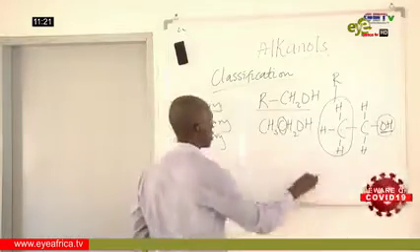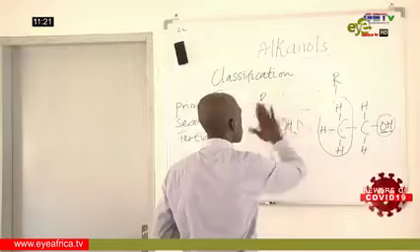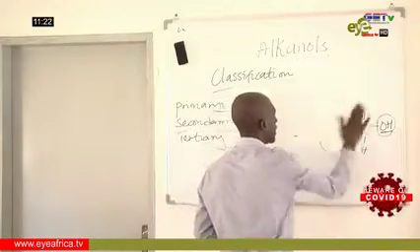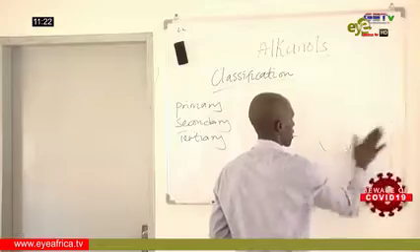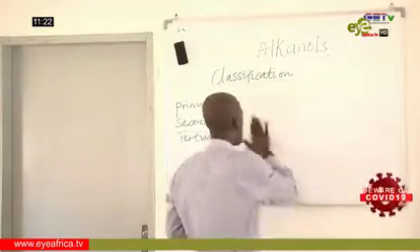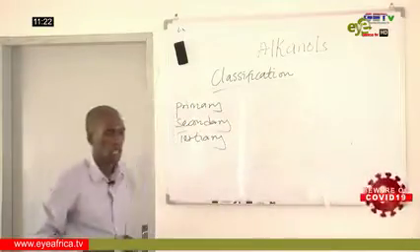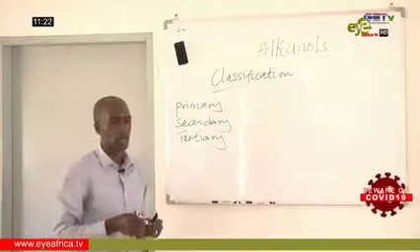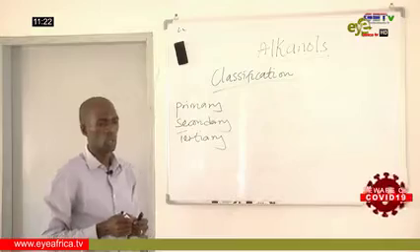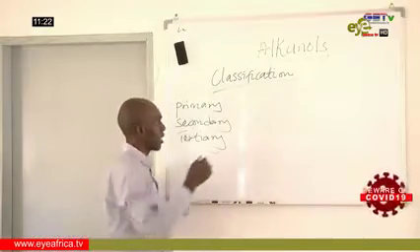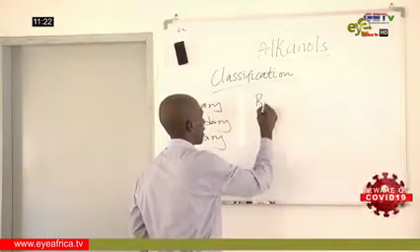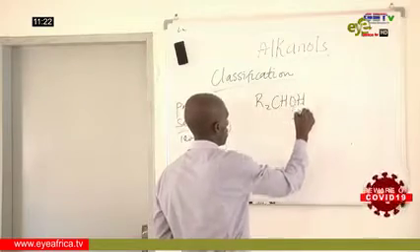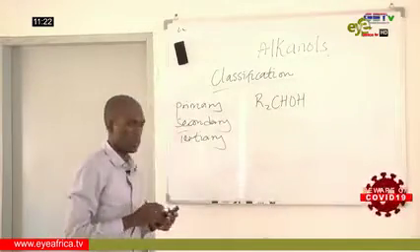Next, we look at secondary alcohols. How do we identify secondary alcohols? This class of alcohols have two R groups attached to the carbon with the OH. So we'll have a general formula of R2CHOH. Okay.